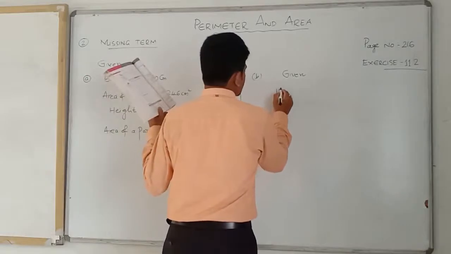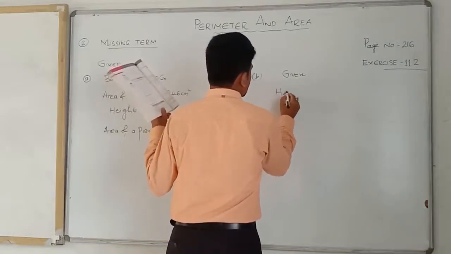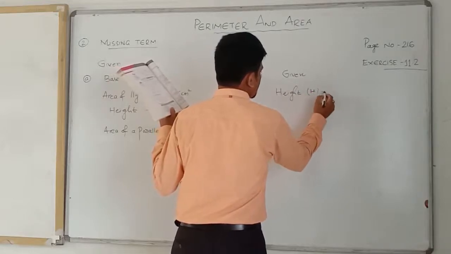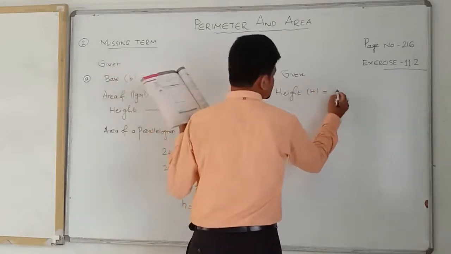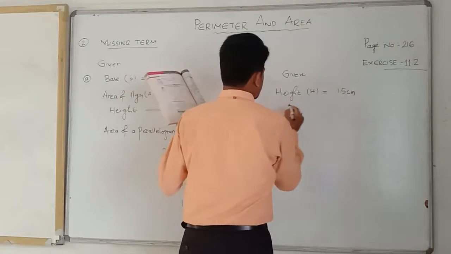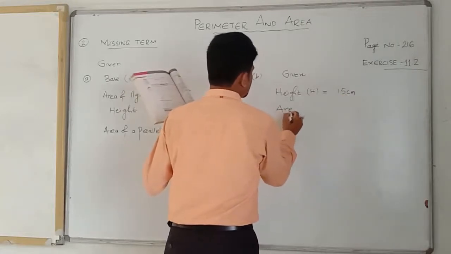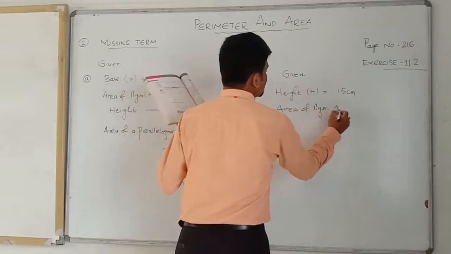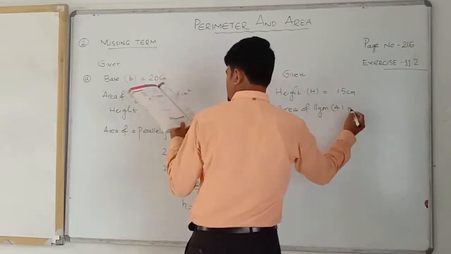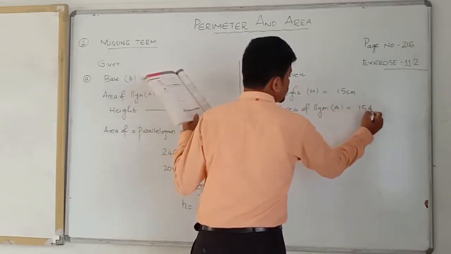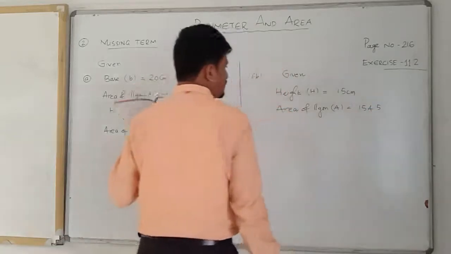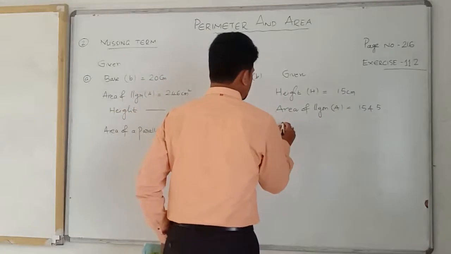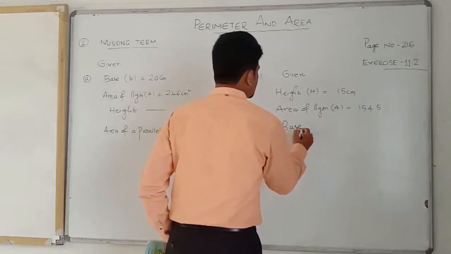Height is given, 15 centimeters, and area of a parallelogram is also given. Capital A is equal to 154.5. Base is missing here.